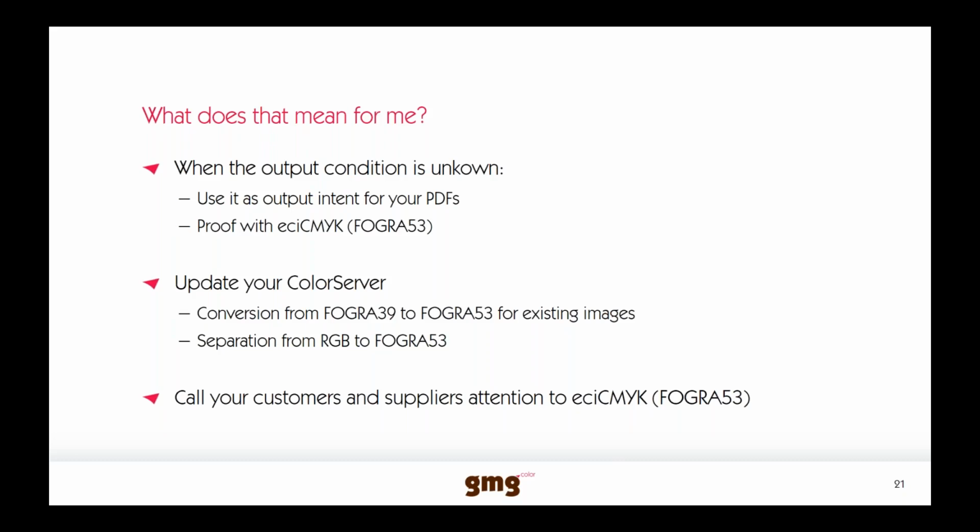There are device link profiles from FOGRA53 into all the printing conditions, so FOGRA53 to FOGRA51 to FOGRA52 and all of the printing conditions you can imagine. And there are separation profiles available to convert from RGB to FOGRA53 for your image data.